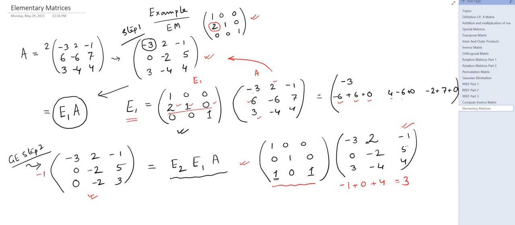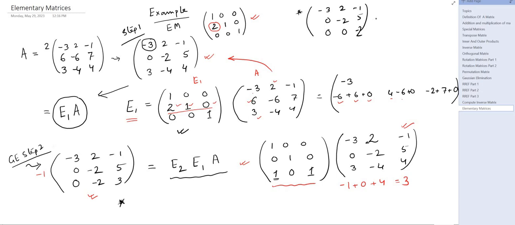Okay, so let me write from here to here so that I can keep it on the same screen. If you do that, finally your matrix will look like minus 3, 2, minus 1, 0, minus 2, 5, 0, 0, and this is minus 2. Okay, this is my final form, and this is the upper triangular form.